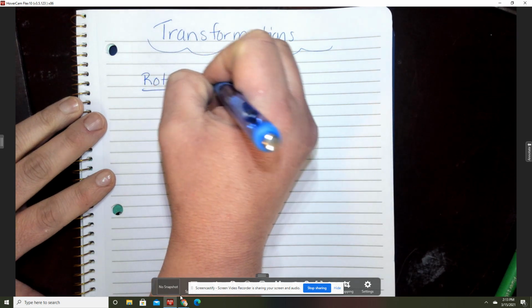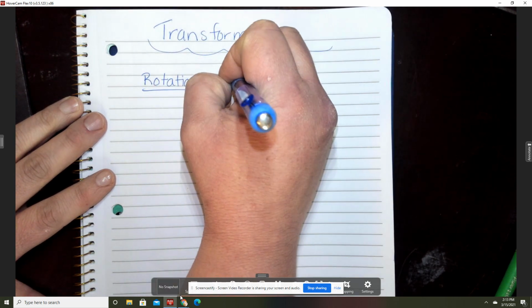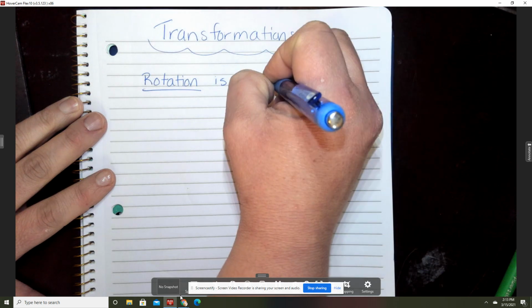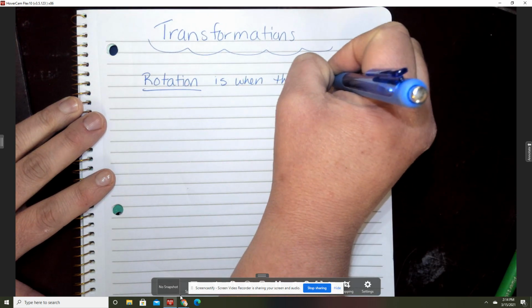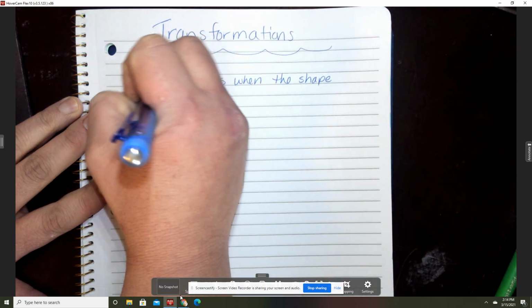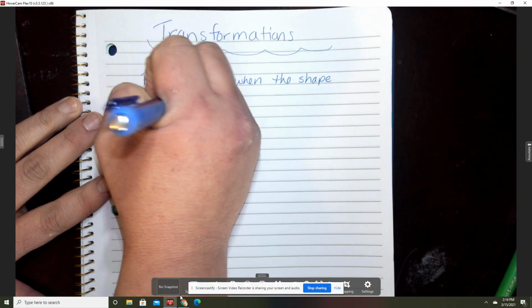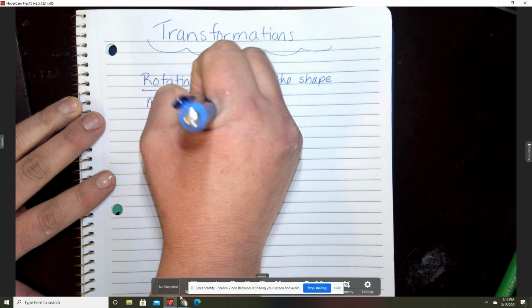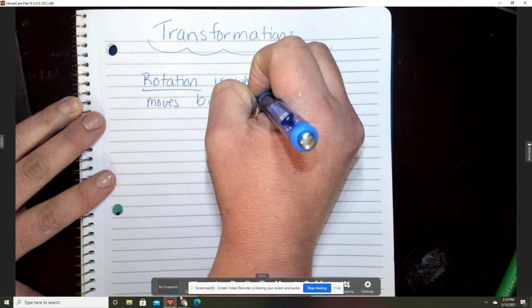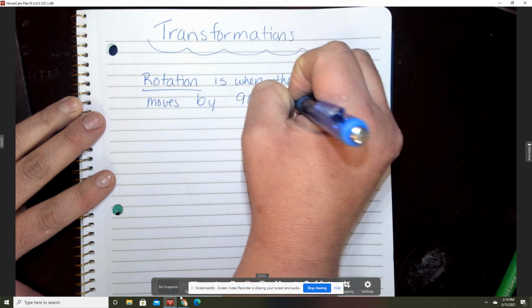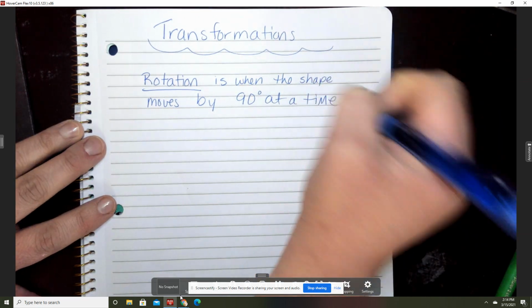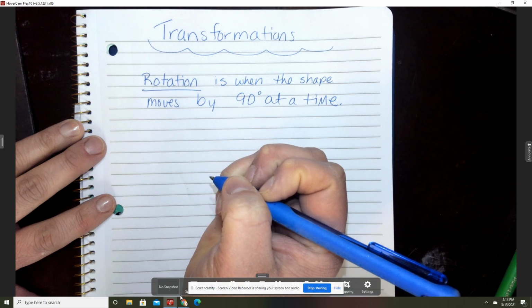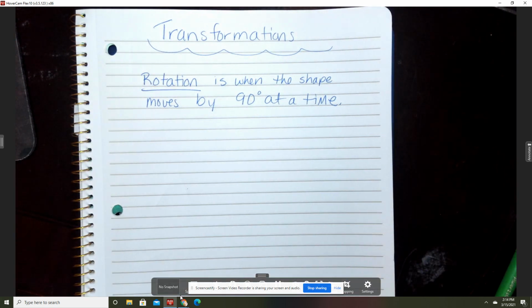Okay, so rotation is when the shape moves by 90 degrees at a time. So you can have, which I apparently cannot draw.